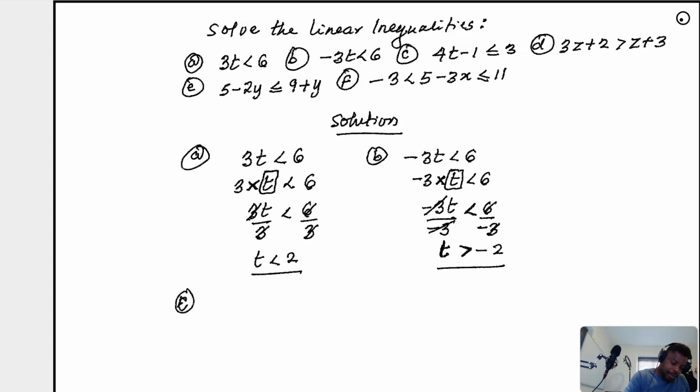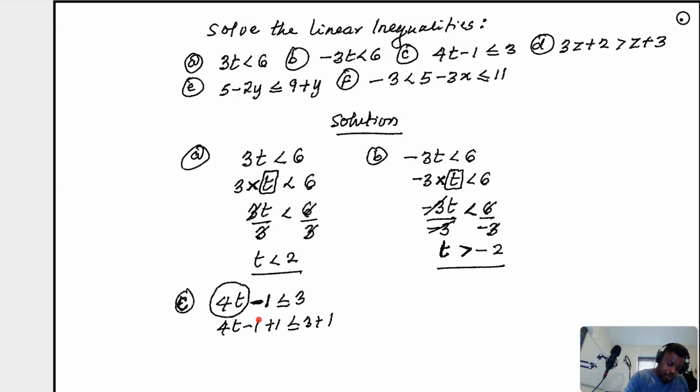Then let's go to C. Question C: 4t minus 1 less or equal to 3. The first thing is that I want 4t to remain here. This is minus 1, so I have to add the opposite to both sides. The opposite of minus 1 is plus 1. So I'm adding plus 1 to both sides.